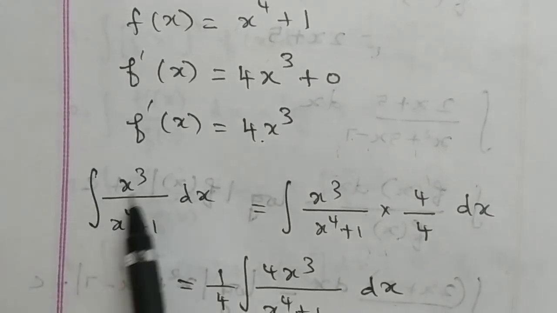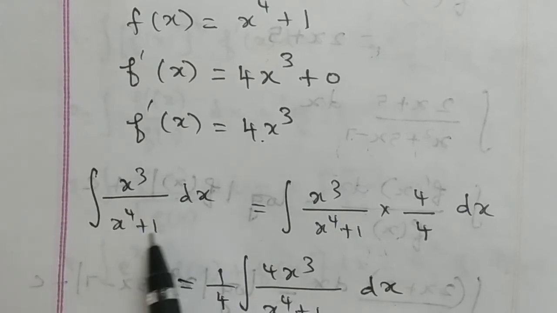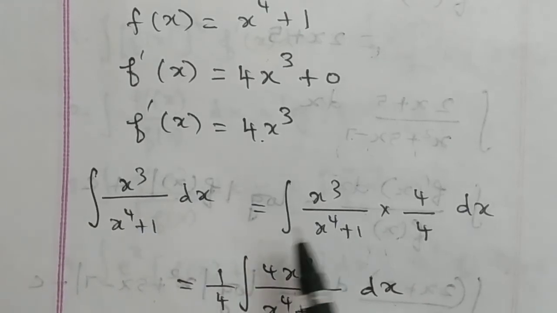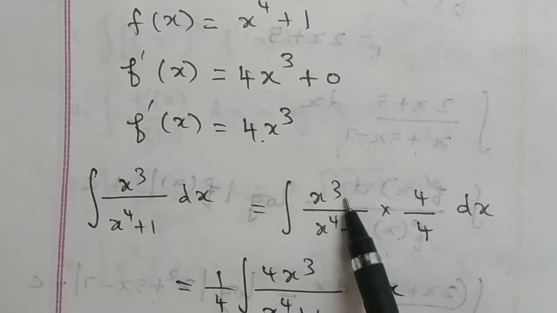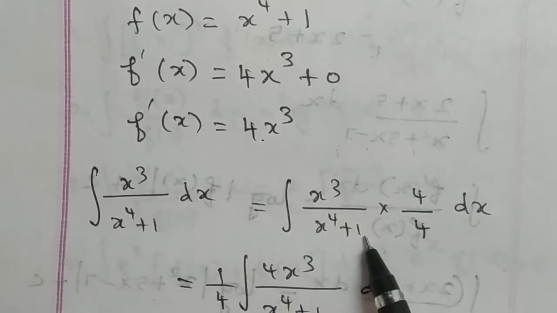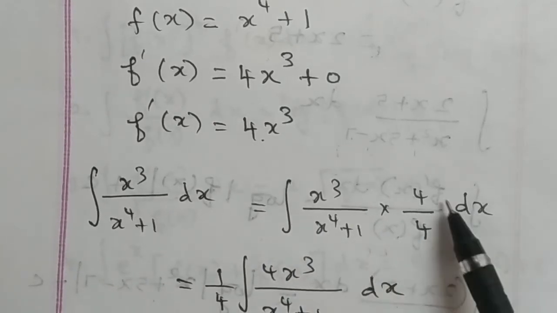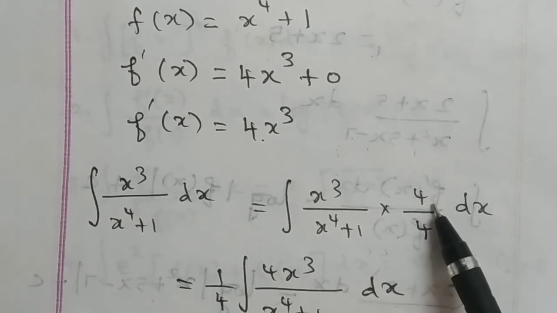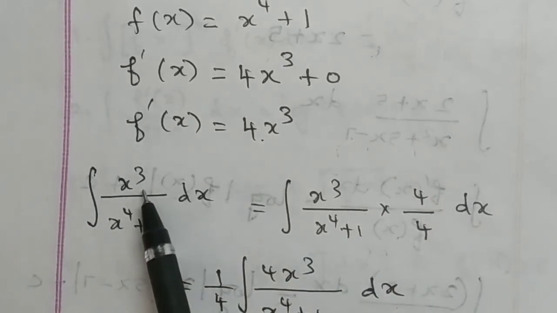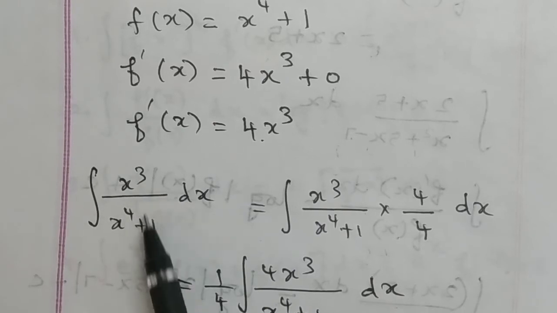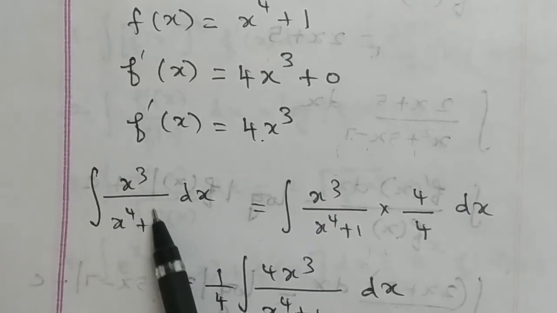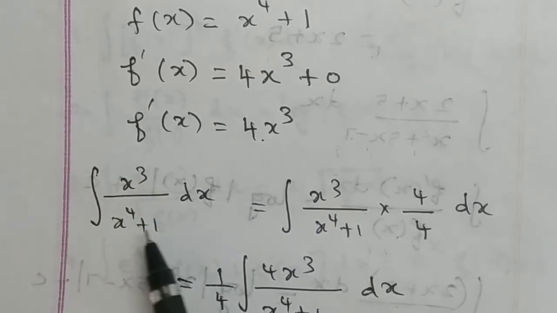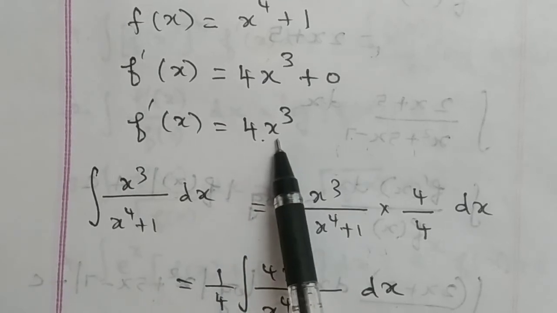So the integral of x cube divided by x power 4 plus 1 into dx equals the integral of x cube divided by x power 4 plus 1 into 4 by 4. See what is given in this question: x cube divided by x power 4 plus 1. What is the derivative for x power 4 plus 1? 4x cube.